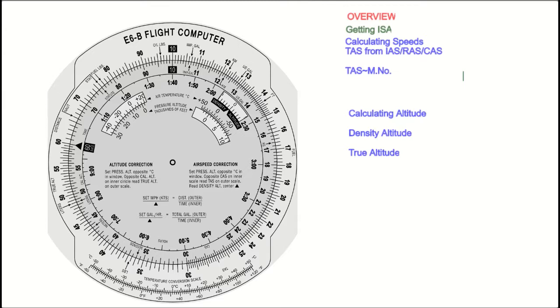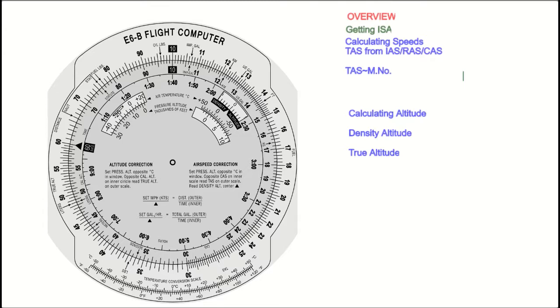That means if I want to find out the ISA temperature at a pressure altitude of 20,000 feet, or if I'm saying pressure altitude, it means that it is a flight level. So flight level 200 means 20,000 feet of pressure altitude. So all I need to do is look here, against 20 here, what is the temperature reading?